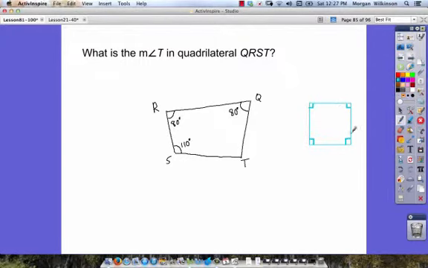So if each angle is 90 degrees, when we multiply 90 times 4 to figure out what they all add up to, we know 9 times 4, that's 36. We add our 0 on, so we get 360 degrees. So quadrilaterals always add up to 360 degrees.